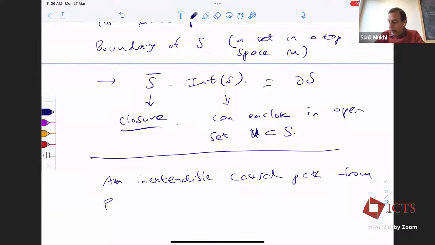The answer is it can't. So an inextendable causal path from P can only intersect a Cauchy surface sigma exactly once.